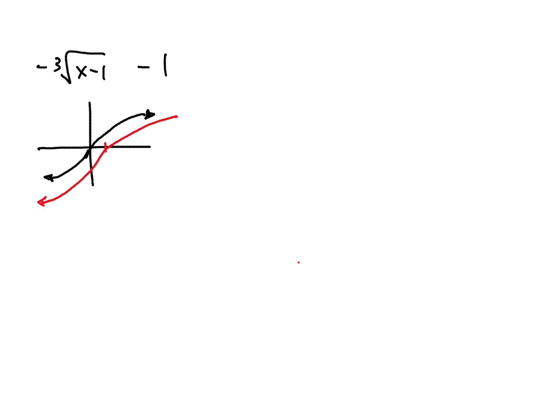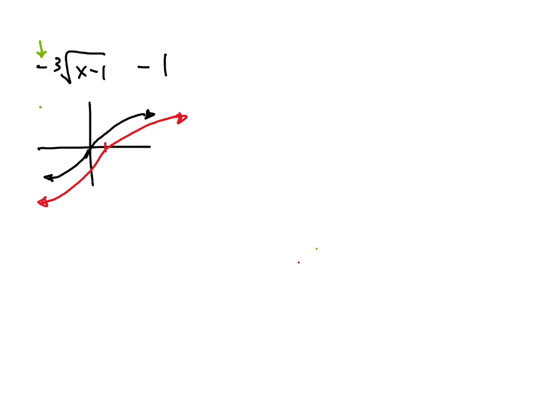So for number 34, you have a negative cube root of x minus 1, minus 1. So this means I start out with a cube root function. Minus 1 means what? 1 to the right. Like that. Negative in front means flip it over.